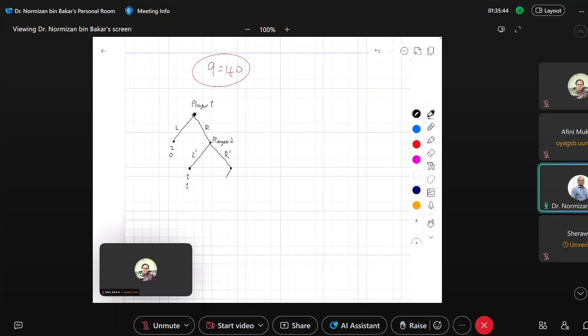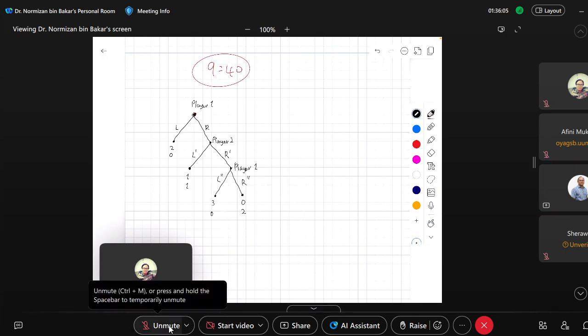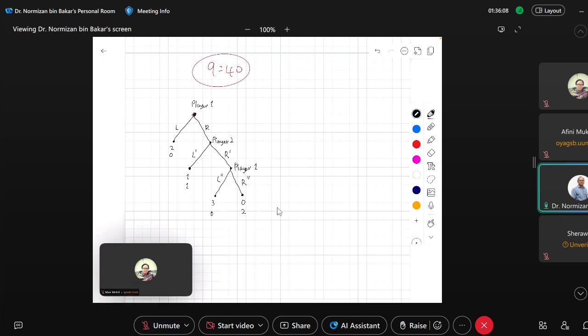If L double prime, the payoff is 3 and 0. If R double prime, the payoff is 0 and 2. So this is the game. Do you get it, Alia? Yes, doctor.